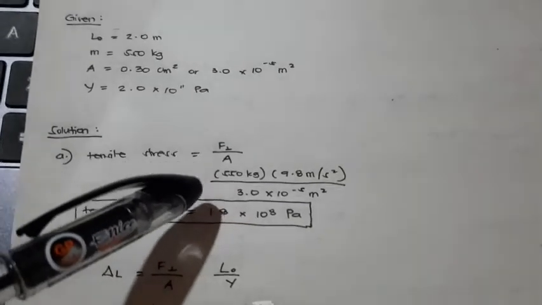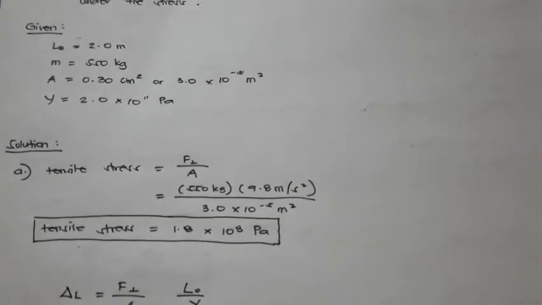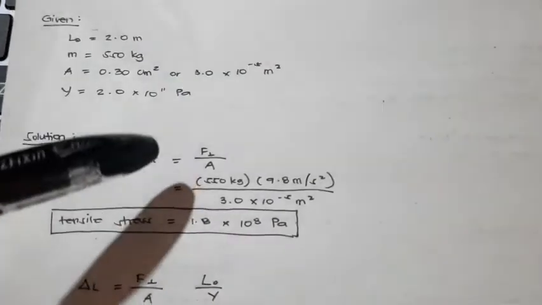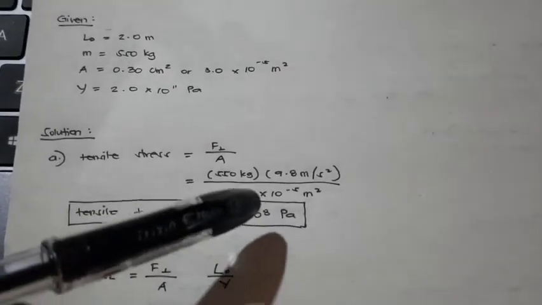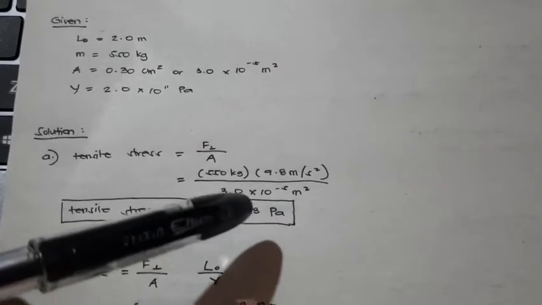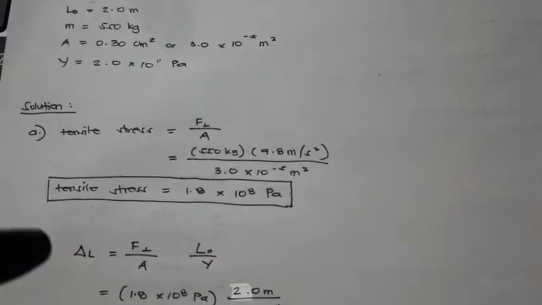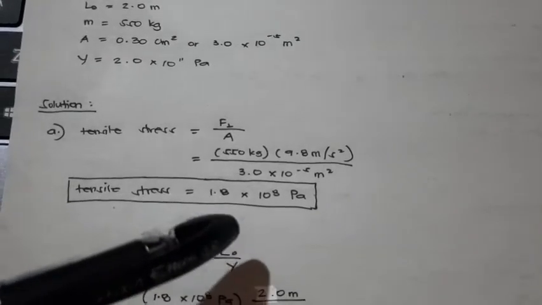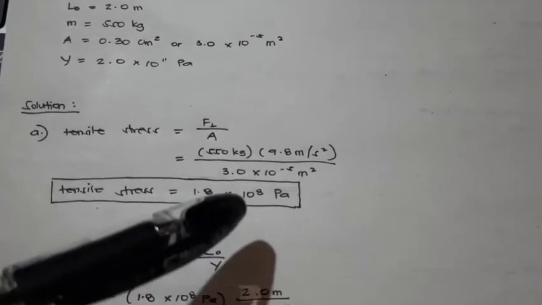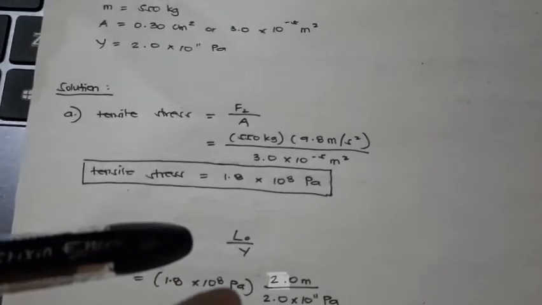Then A is equal to 3.0 times 10 raised to the negative 5 power meter squared. So simplify, and we can now get the tensile stress is equal to 1.8 times 10 raised to the 8 power pascal. So that's the final answer.